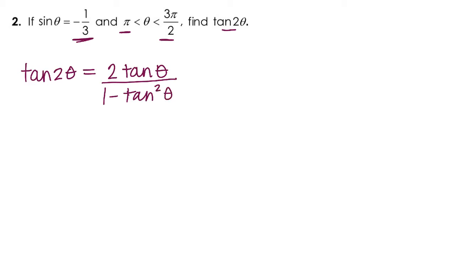Okay, and so let's take what we know about sine of theta. We can build us a triangle. And we can put our theta up here. And sine, we're going to have 1. Opposite is 1. Hypotenuse is 3.